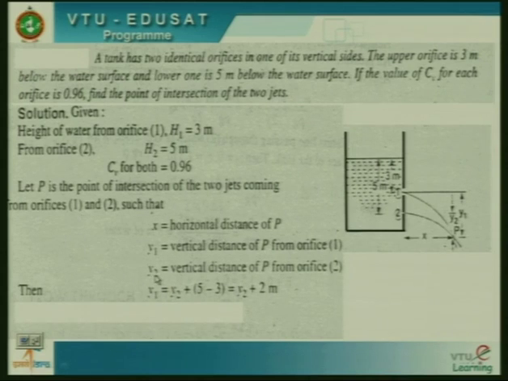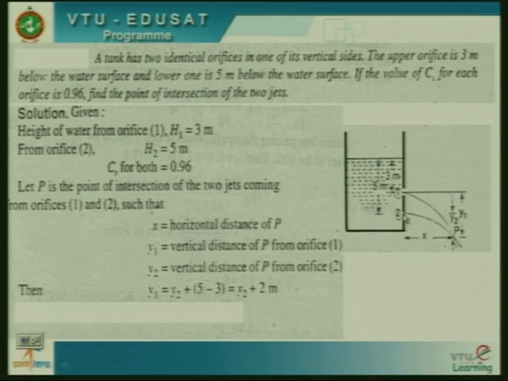Vertical distance of P from orifice 1 is y1, vertical distance of P from orifice 2 is y2. Now what is y1? y1 is equal to y2 plus 2, this is 5 minus 3. From this point to this point, that is y2. Now y1 is this distance, so y1 is equal to y2 plus 2.